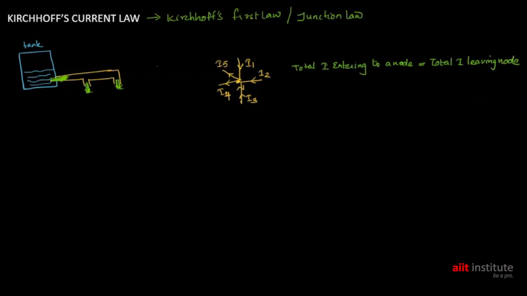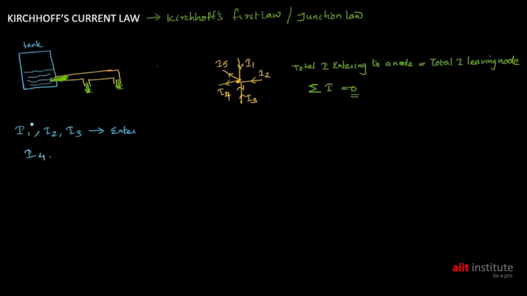Or we can say the algebraic sum of current at any node is equal to 0. Here I1, I2, I3 are the currents entering the node.